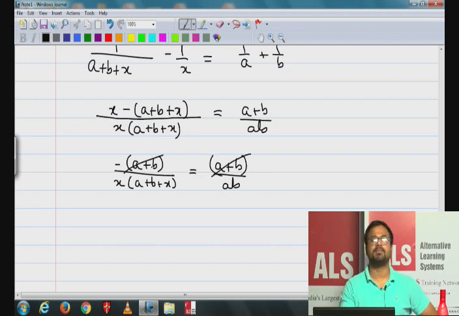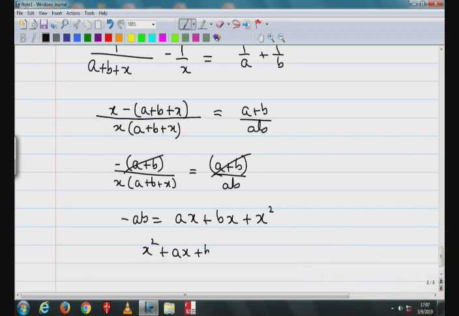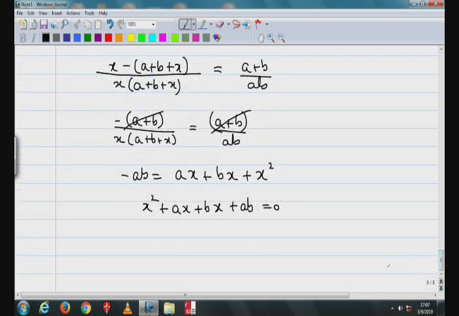This a plus b and a plus b will get cancelled out. Now you can do the cross multiplication. So ab into minus 1 minus ab, that is ax plus bx plus x square. So x square plus ax plus bx plus ab.